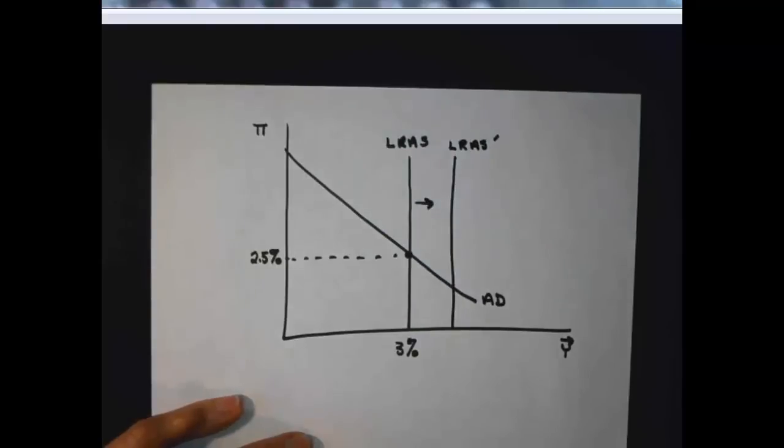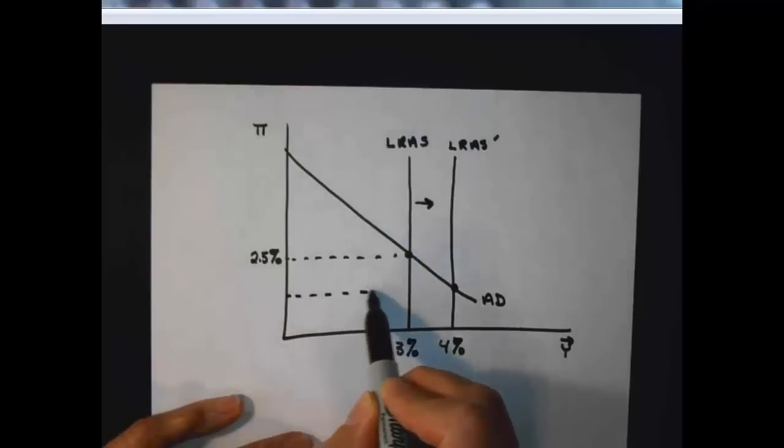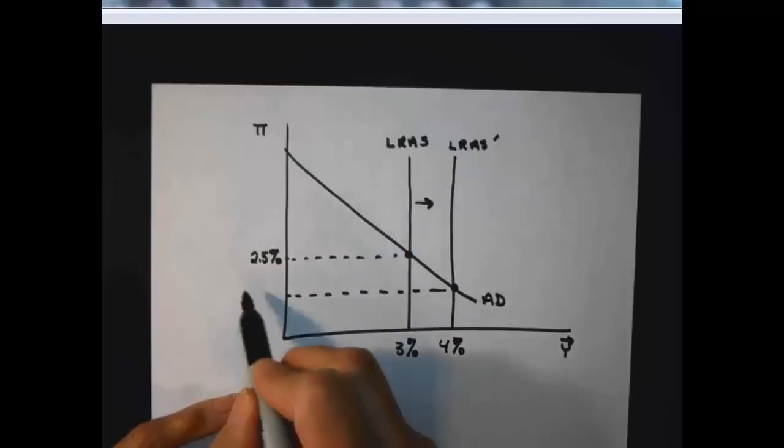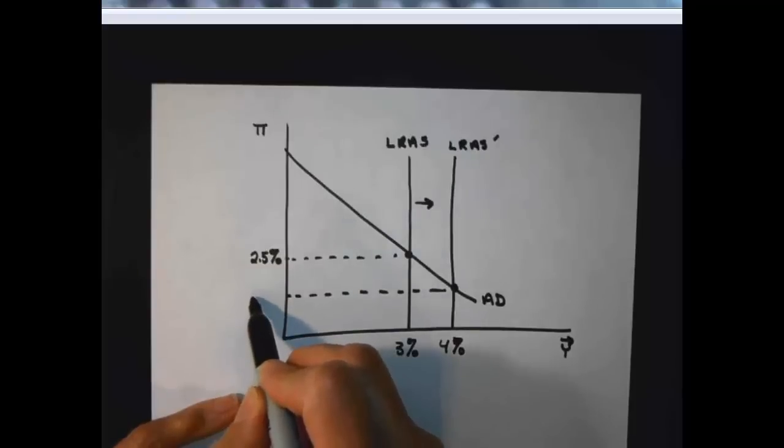Notice what this says. If spending does not change, so the aggregate demand curve has not changed, and so we continue to have the same level of spending growth, the real growth in the economy will increase our potential growth rate, let's say to 4%, and notice that it will lower the economy's inflation rate, let's say from 2.5% to 1%.